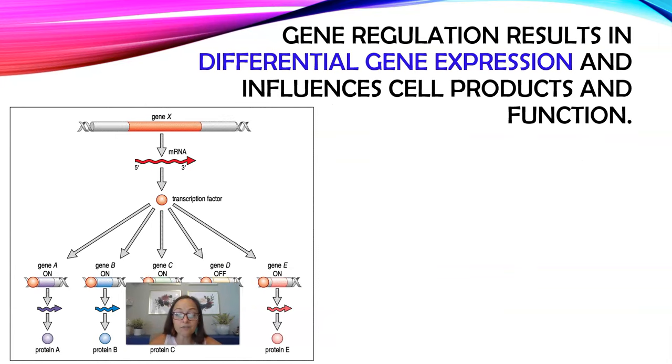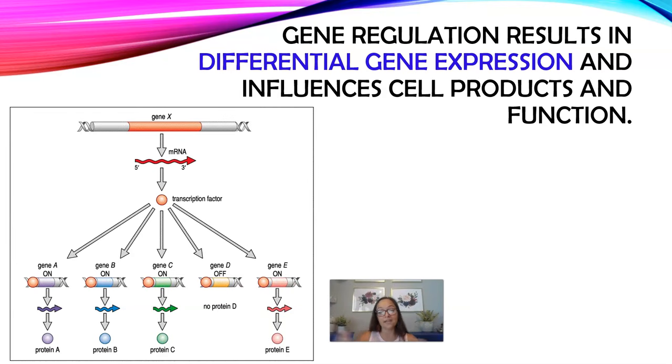Now, gene regulation and controlling which genes are expressed results in differential gene expression. And that will influence which proteins are made in a cell. So it's super important to remember that in a eukaryotic organism, we are trillions of cells.